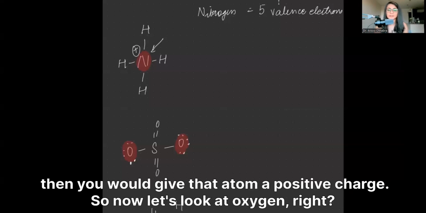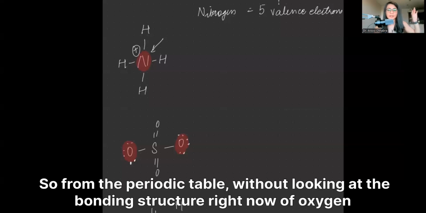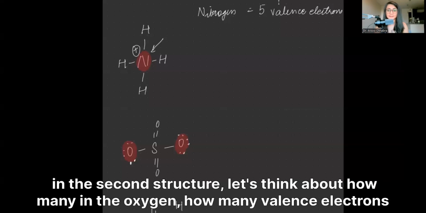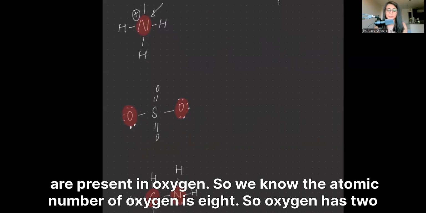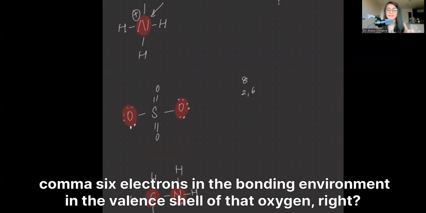Now let's look at oxygen. From the periodic table, without looking at the bonding structure of oxygen in the second structure, let's think about how many valence electrons are present in oxygen. The atomic number of oxygen is 8, so it has 2, 6: 6 electrons in its valence shell.